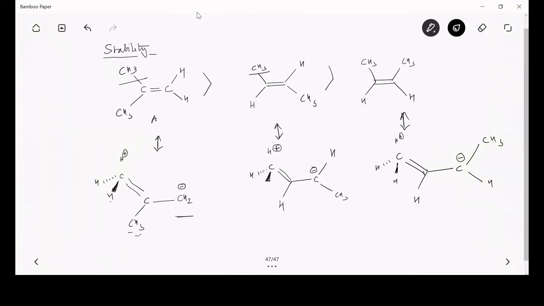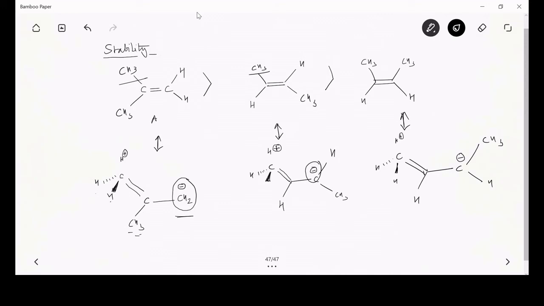Now look very carefully towards these carbanions. Now probably you already know that the stability of a carbanion also depends on the substituents around it. So in case where we have no substituent attached, that means a primary carbanion is much more stable compared to a secondary carbanion, because the reason is very simple.